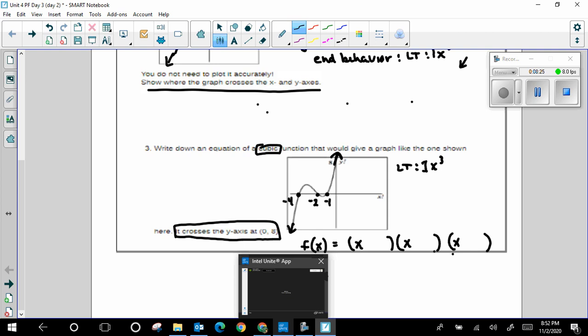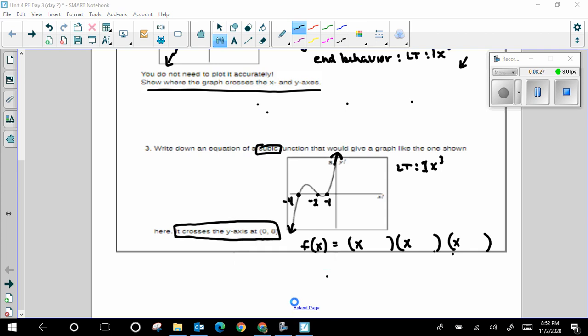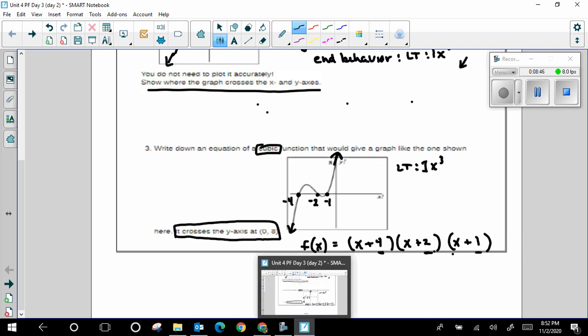So let's see if those zeros work. So if x is negative 4, this has to be x plus 4. If I have a 0 at negative 2, this has to be x plus 2 and 1. So if I take 4 times 2 times 1, I get 8.